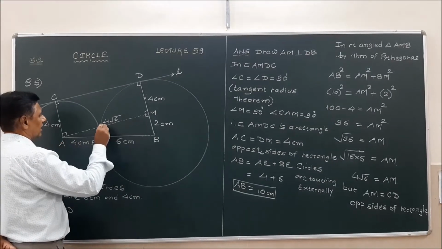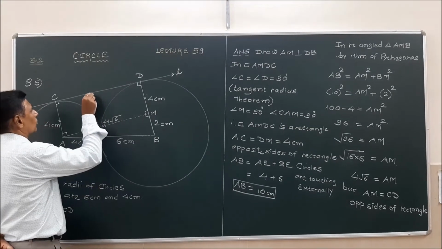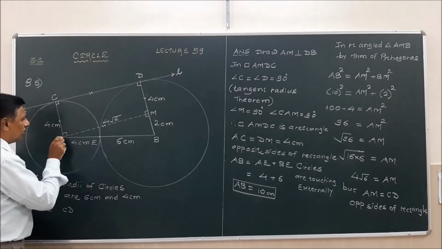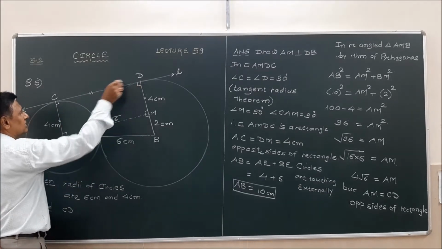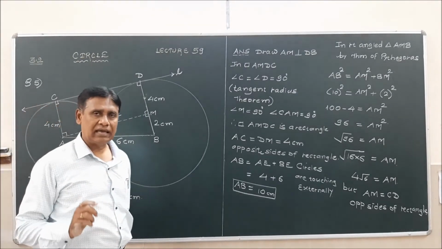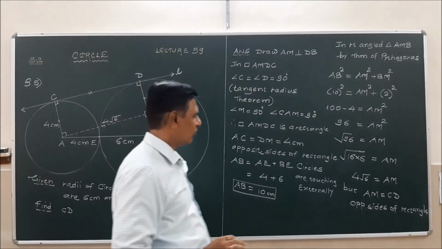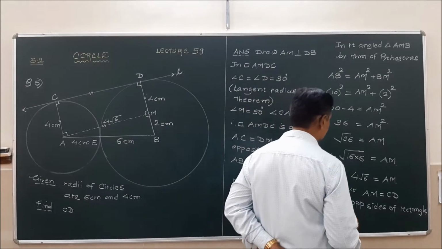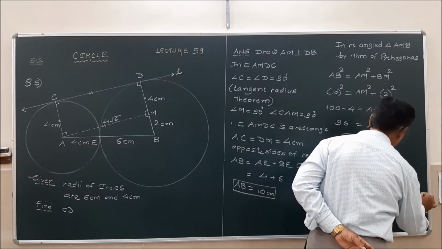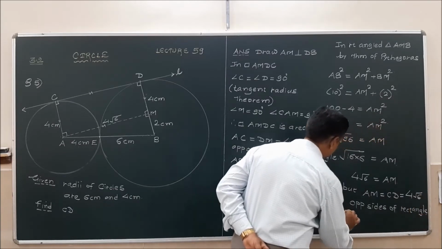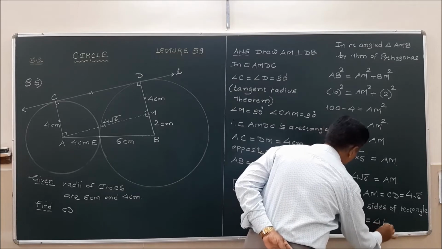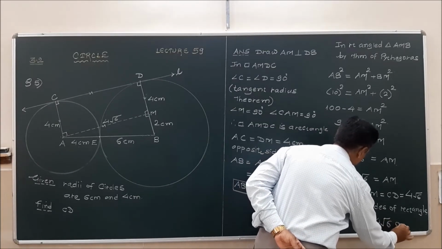But we find AM is congruent with CD. These are opposite sides of rectangle ADCD. Therefore, you will find AM is equal to CD, that is equal to 4 root 6. Then CD is equal to 4 root 6 centimeter.